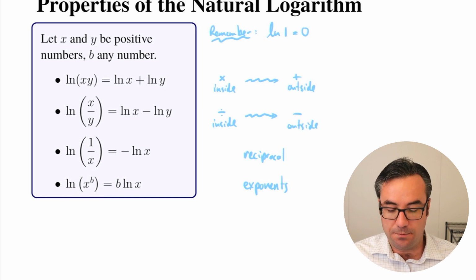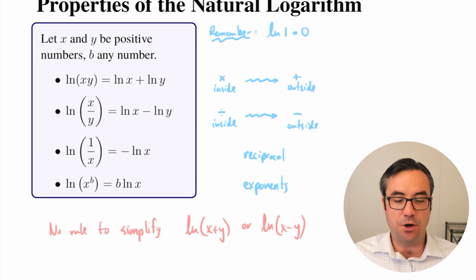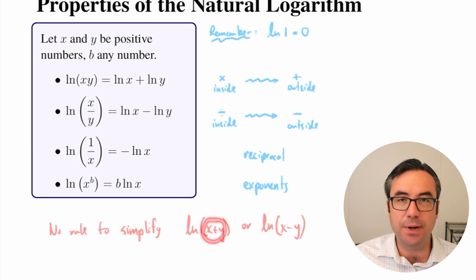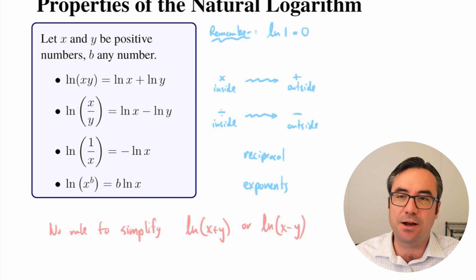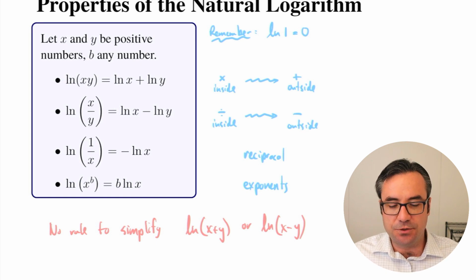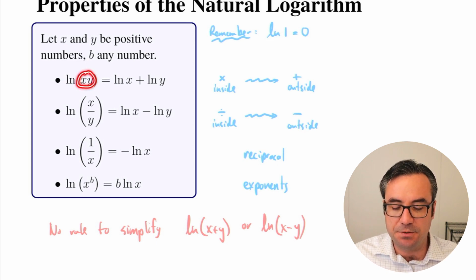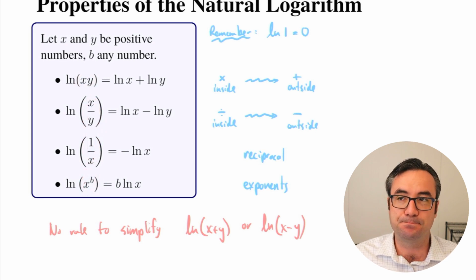So there is no rule to simplify things like natural log of x plus y or natural log of x minus y. If we have addition going on inside the natural log, or subtraction going on inside the natural log, we get stuck. There's not much we can do to simplify that. So these properties only work if it's multiplication, division, or exponents inside of the log function.